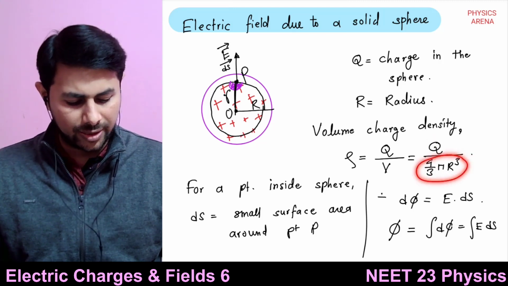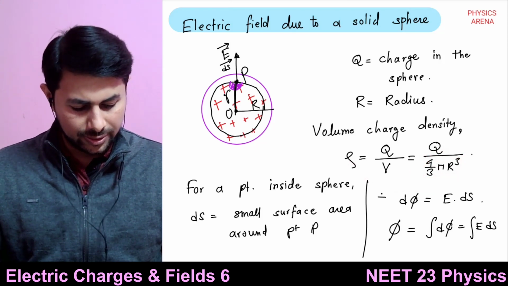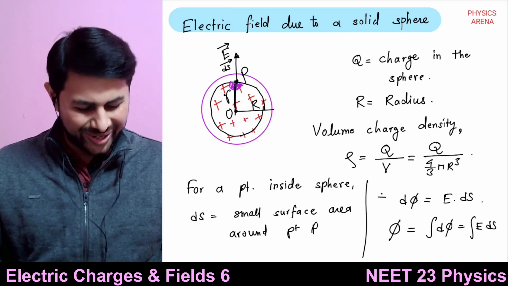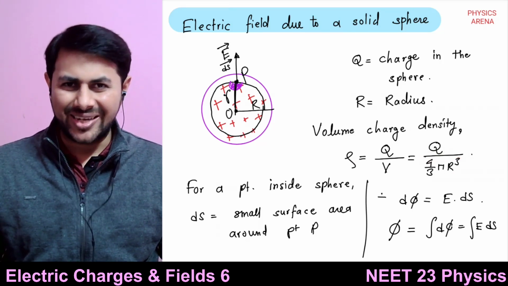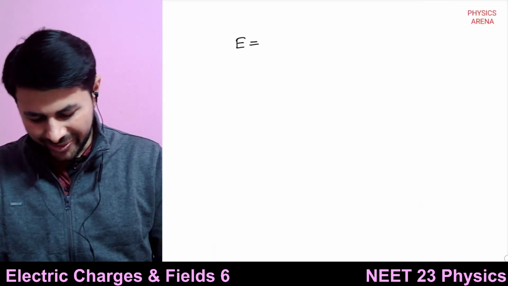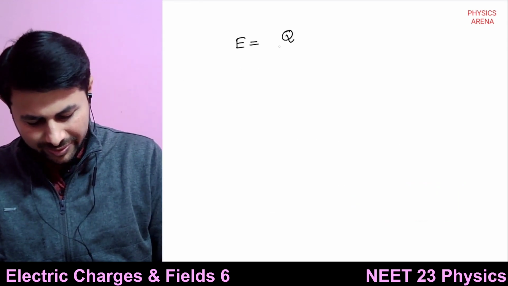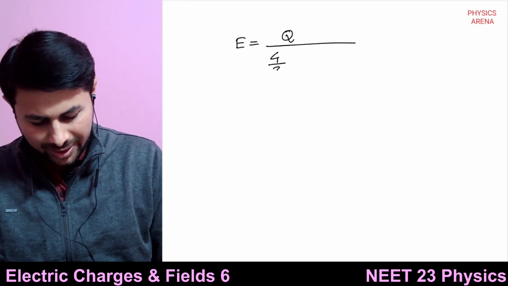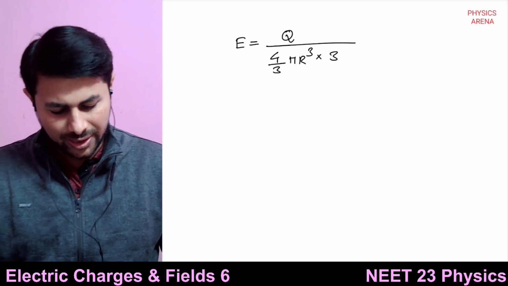Rho is charge divided by 4 by 3 pi R cube. So it is q divided by 4 by 3 pi R cube, multiplied by the factor with 3 in the denominator.